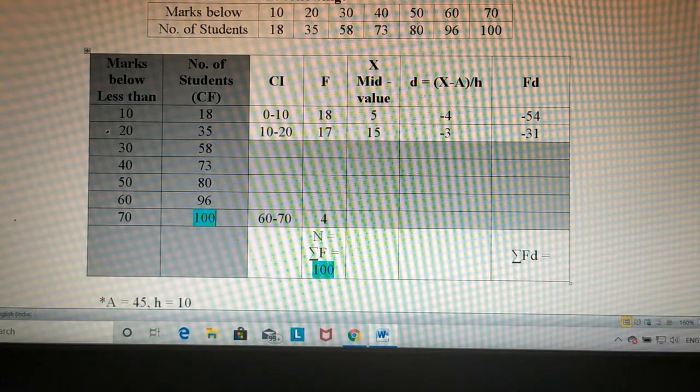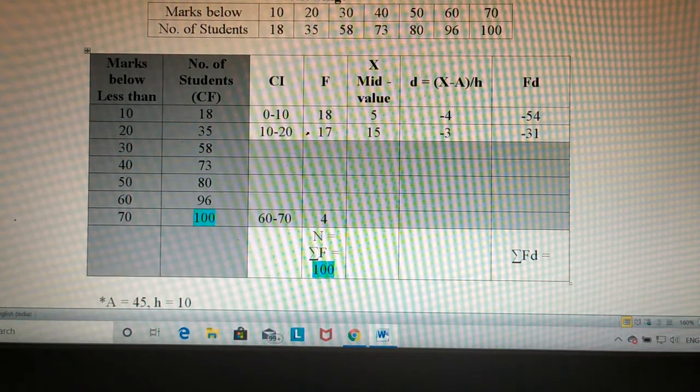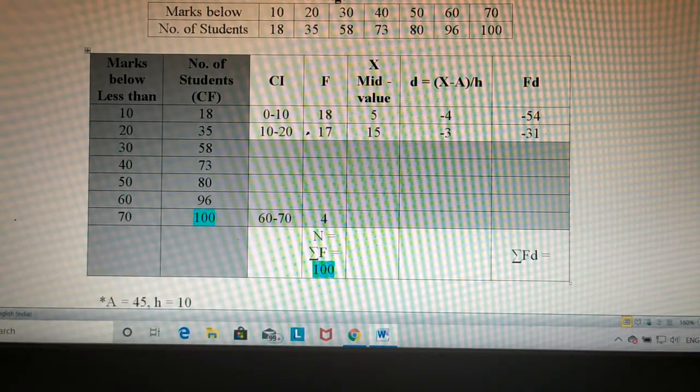Less than 20 means 0 to 20, 35 students are there. 0 to 30, 58 students. 0 to 40, 73 students. So 0 to 70, how many students are there? 100 students. But when we convert this into class intervals, we get 0 to 10: 18 students. 10 to 20 marks: 17 students. I hope you are clear with this class interval and frequency part.